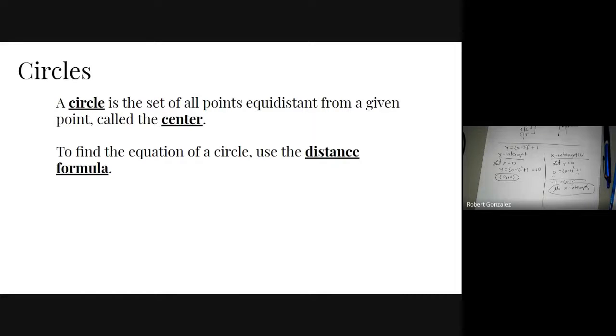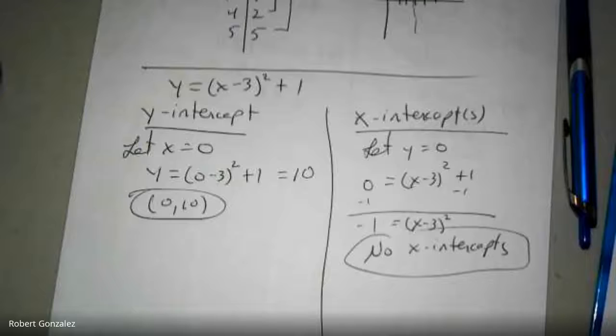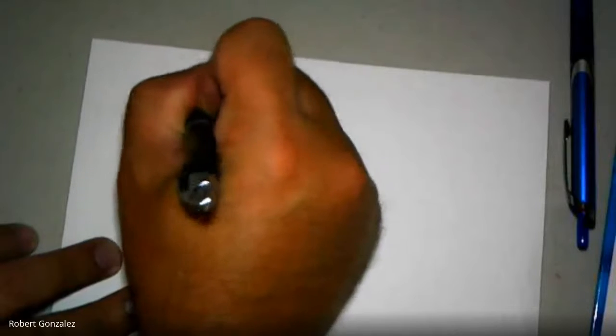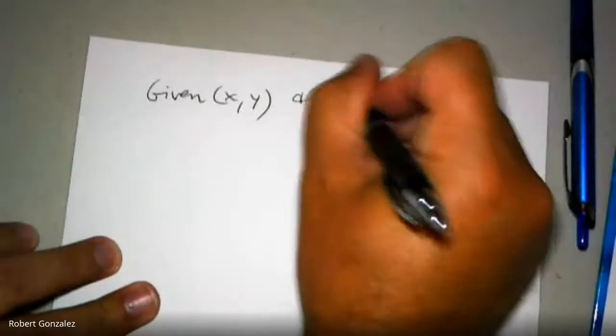So to find the equation of a circle, we use the distance formula. Okay? And I'm going to do this for you right now. So let me hit the stop, and I'm going to go back to my paper. And tell me if it makes sense. So what that said a minute ago was given x comma y and distance r.